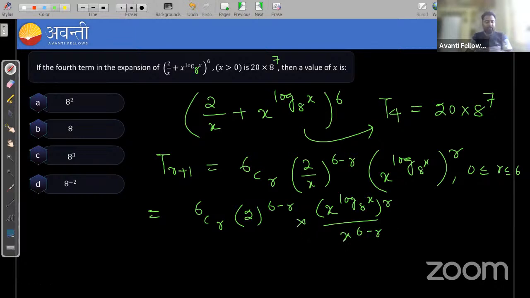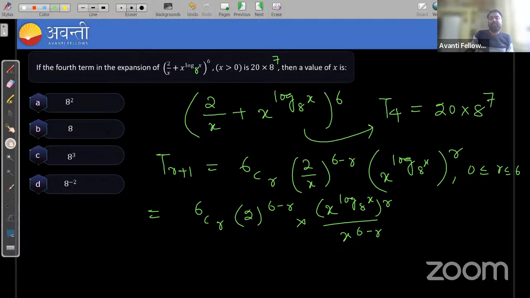We can write it, yes. So this is the simplest form we are getting till now.